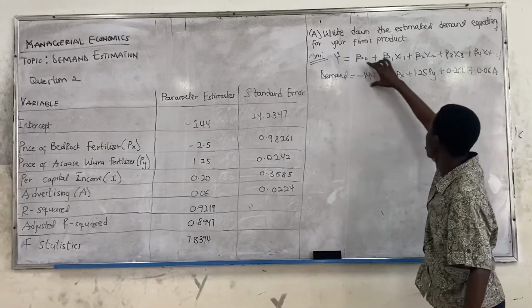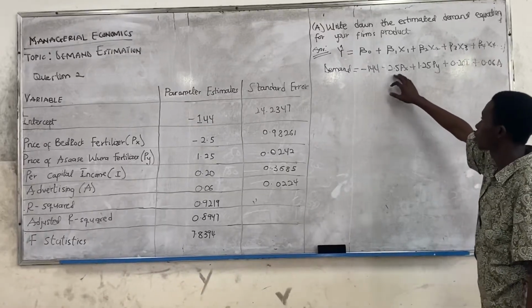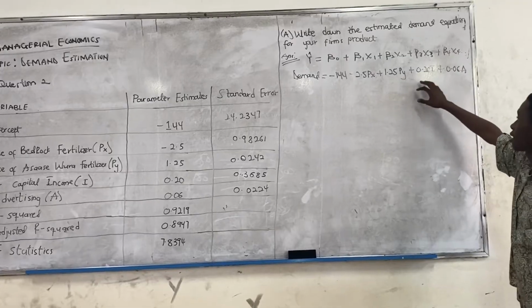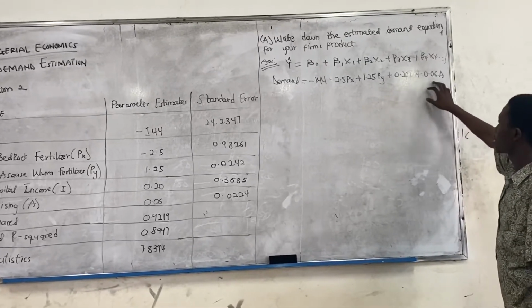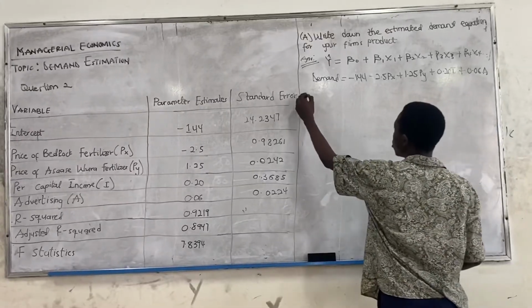This is the estimated demand equation: Demand is equal to minus 144 minus 2.5 PX plus 1.25 PY plus 0.20 I plus 0.068 A. So let's move on to the second question, which is B.